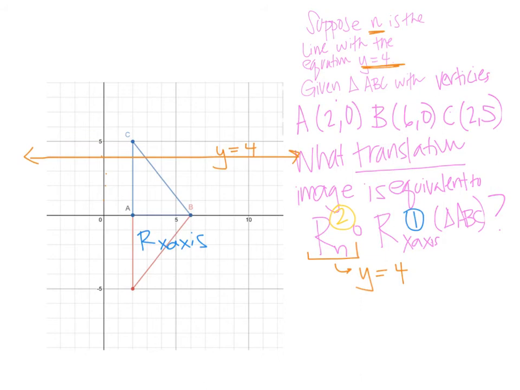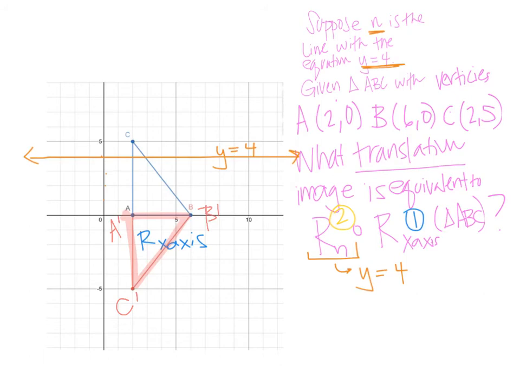Now I'm going to reflect this red image down here over the line y equals 4. The distance has to be maintained between the line y equals 4 and points A prime, B prime, and C prime. A prime is 4 units away from the line of reflection.